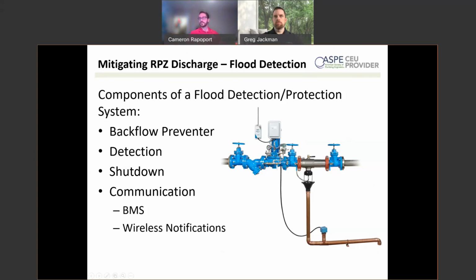In this case, it's a wet switch in the discharge line. If this valve is discharging enough water for long enough, it wets those contacts. That's going to send an alert, and then you can hook it into a BMS system. You can get wireless notifications, text messages, emails, phone calls, that kind of stuff.